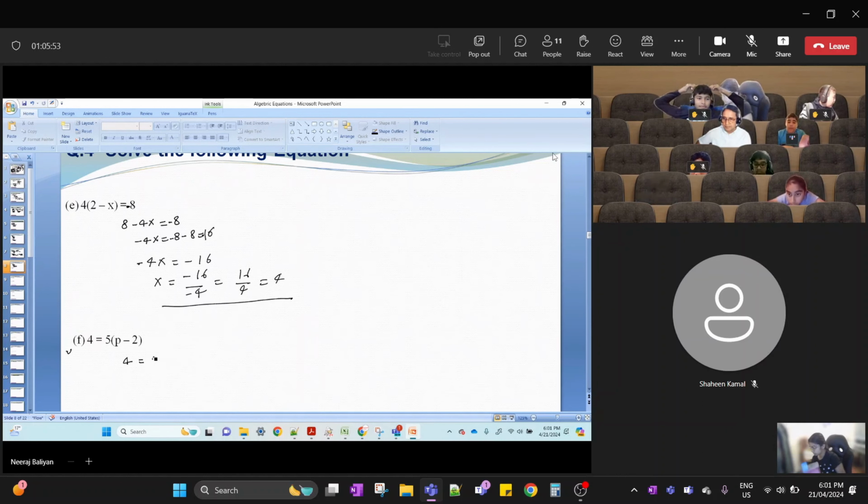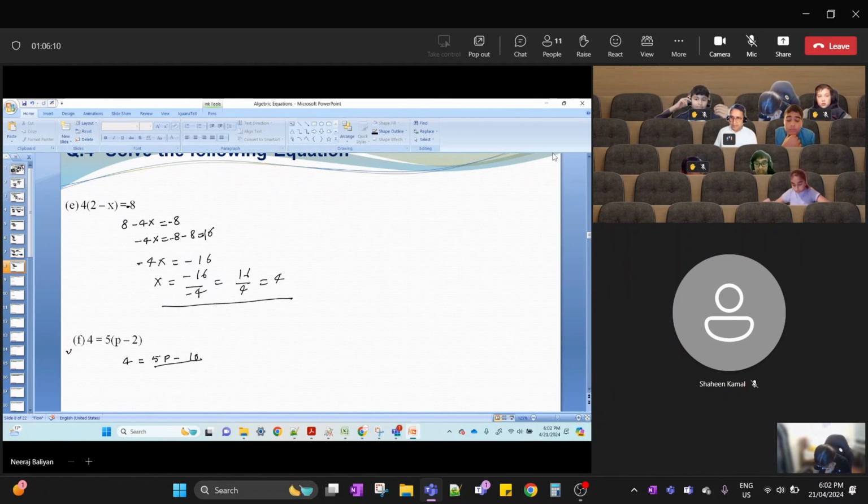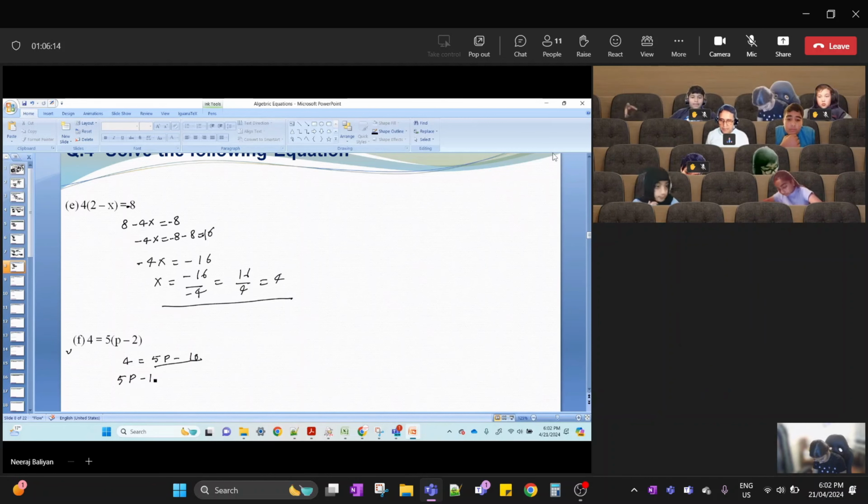So it's 5p and minus 10. And then always keep the variable on the left side. So you can swap the sides: left side on right side and right side on left side. So you will have 5p minus 10 on the left side and 4 on the right side.